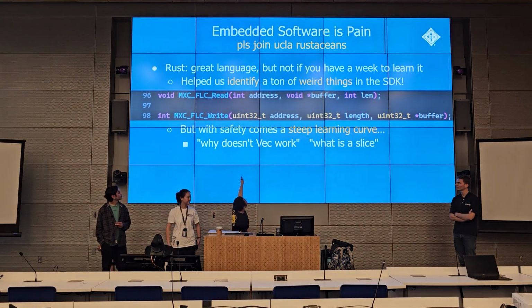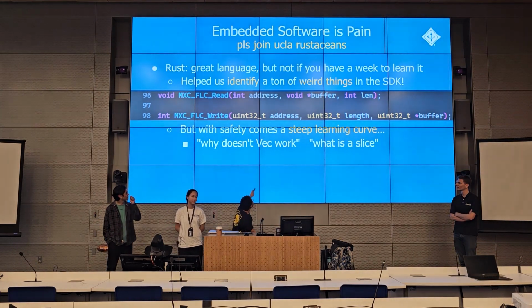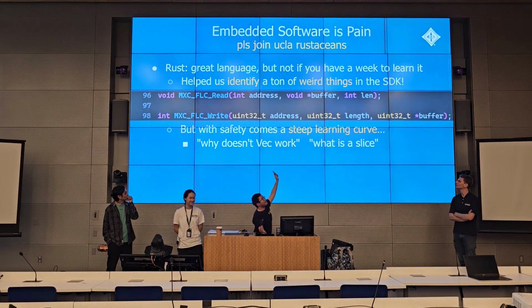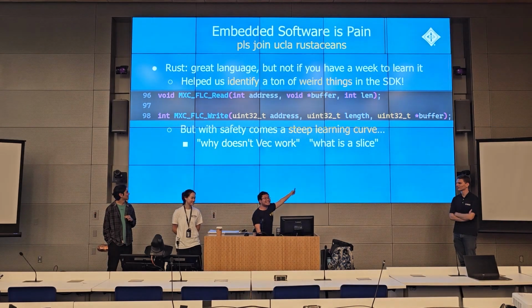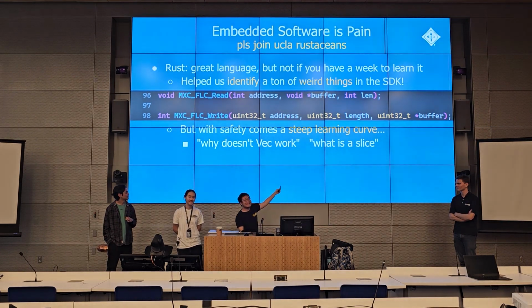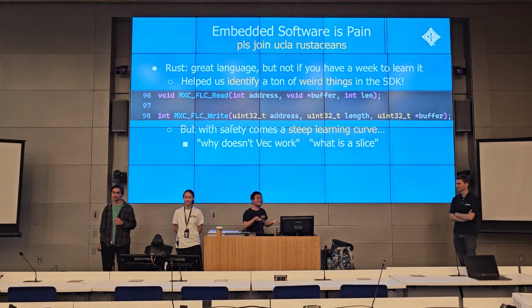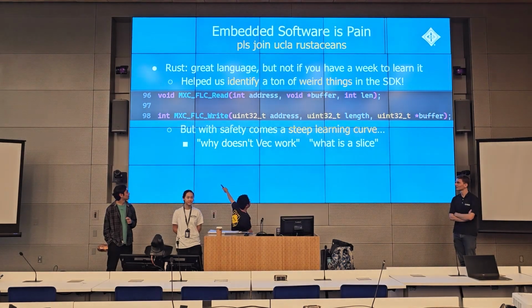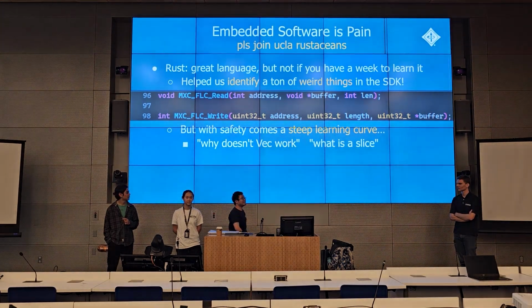It takes an address, the pointer to a buffer, and the length of the buffer. And then you have the write method, which takes an address, the length, and the buffer. Notice how those two are swapped. This is one of the many points in the code given to us where we were just wondering what is embedded programming doing? So this was a nice part about learning Rust: Rust basically tells you when stuff like this comes up.